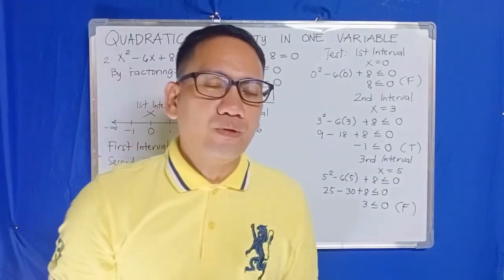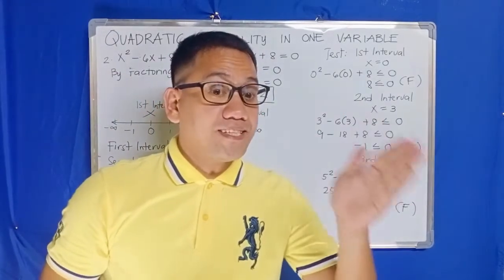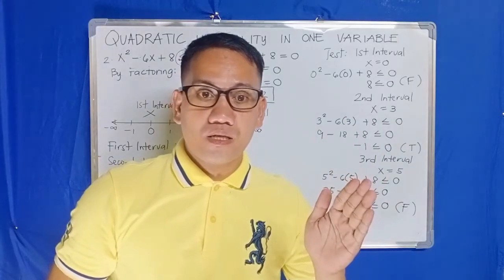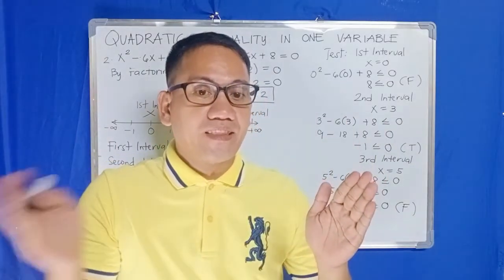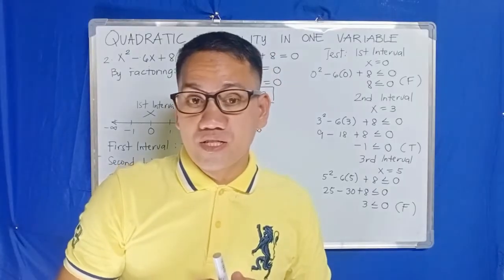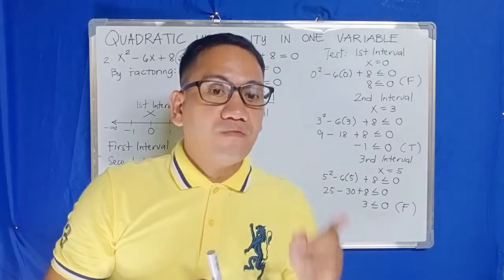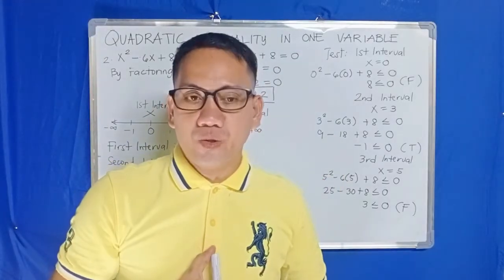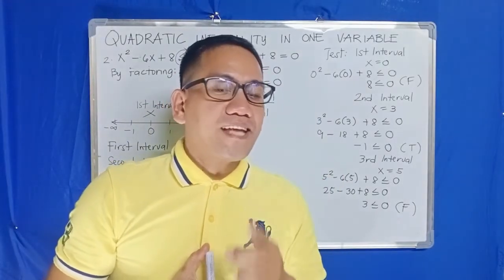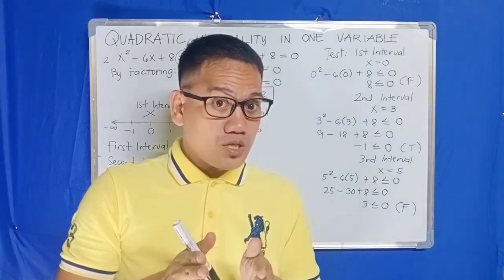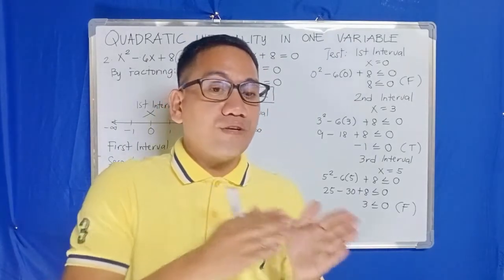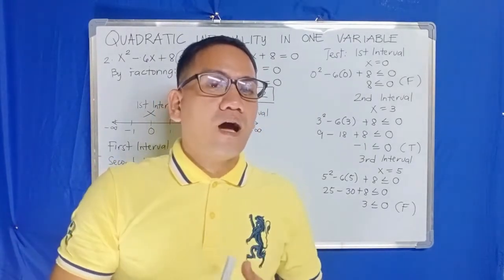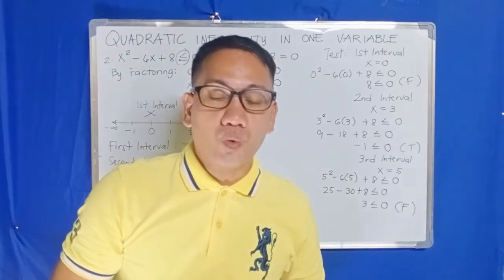So one good idea that we need to remember, if our first interval is false, it also justifies that the third interval will lead us also to a false statement. And, of course, the second interval will be the only interval that is considered to be true. But if our second interval is false, it follows that our first interval and third interval are considered to be true.